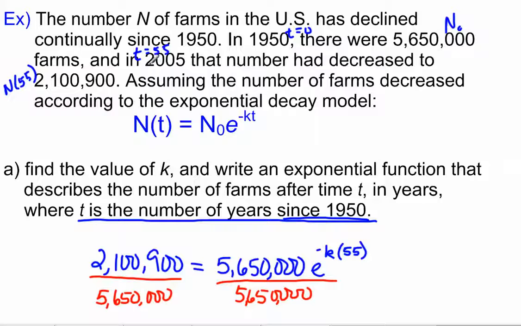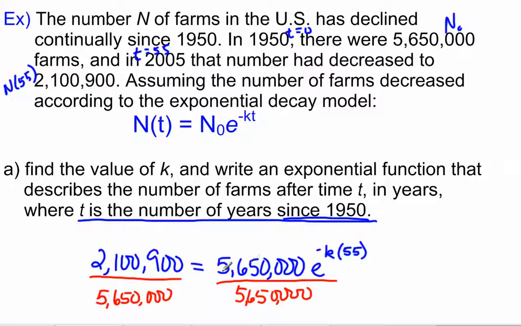And then it makes 2005 equivalent to t equals 55, right? Because it's 55 years from 1950 to 2005. And if 2005 is t equals 55, then n of 55 is this 2 million number.